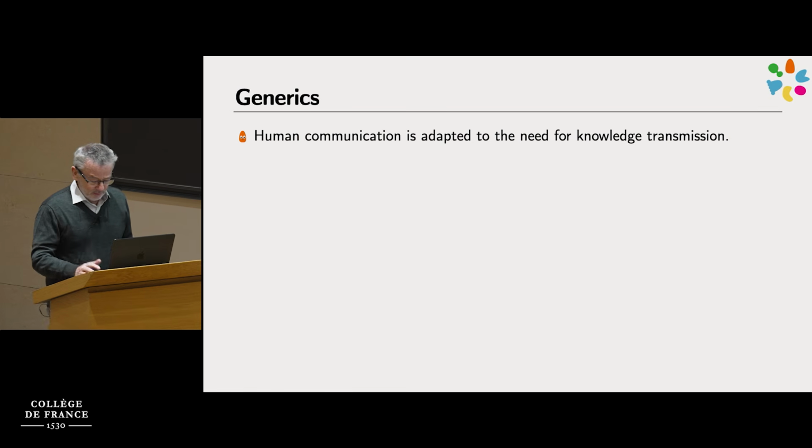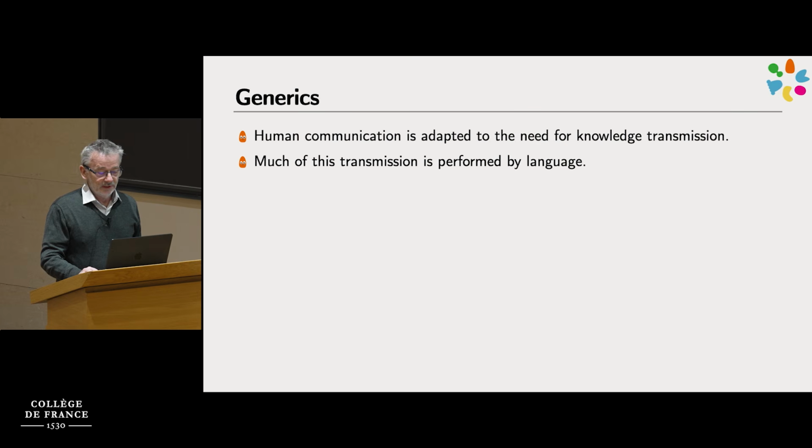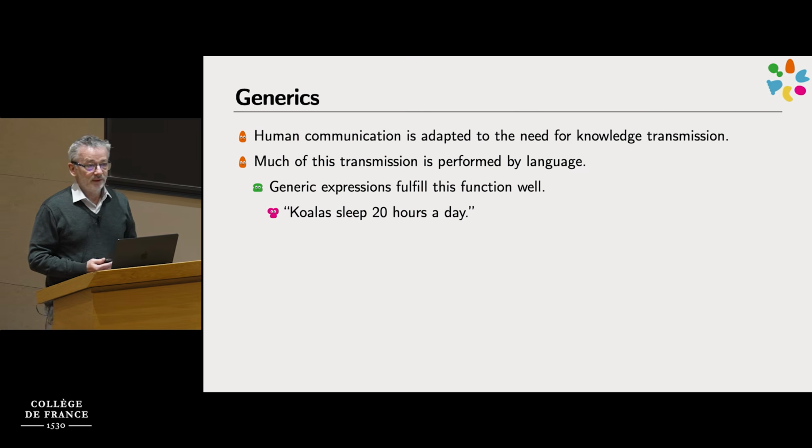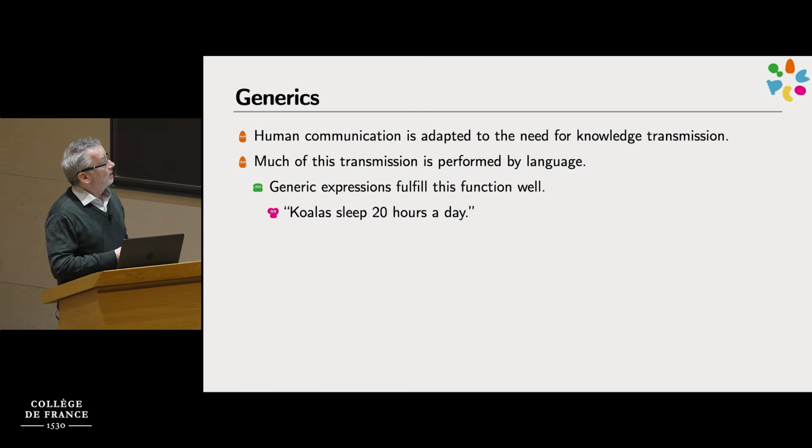Now, the idea behind the whole talk here is that human communication is adapted to the specific need for knowledge transmission to others. And of course, most of this transmission is performed by language, and the generic expressions are the best way to do this. Generic expressions like koalas sleep 20 hours a day.